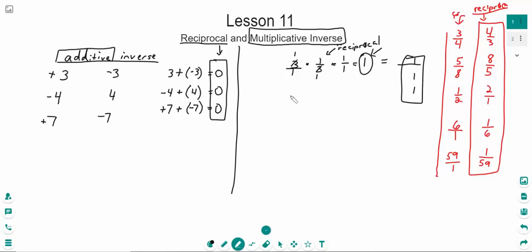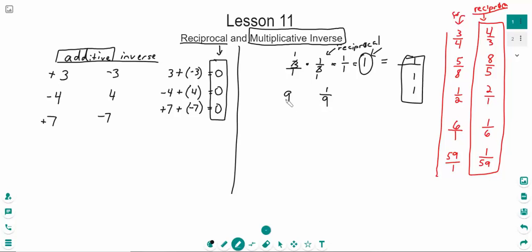If I have the whole number, let's go with the whole number 9. And I want to find the multiplicative inverse of 9. What's it going to be? Well, the answer is 1/9.